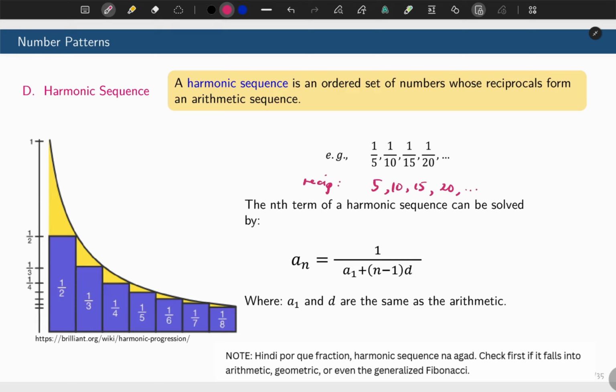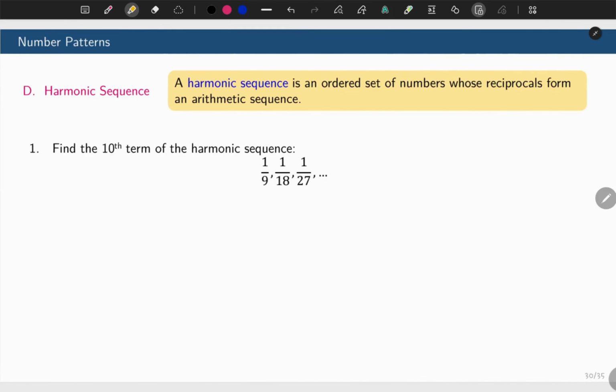Now, the nth term of a harmonic sequence can be solved by A sub n is equal to 1 over, so take a look on this, it's just simply the formula for the arithmetic sequence. Alright, number 1, find the 10th term of the harmonic sequence, 1 over 9, 1 over 18, 1 over 27, and so on.